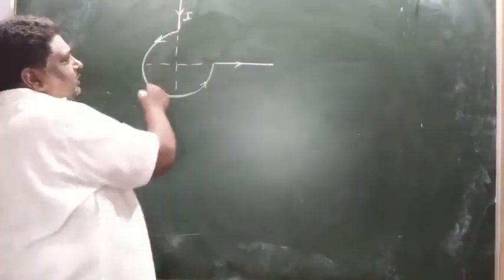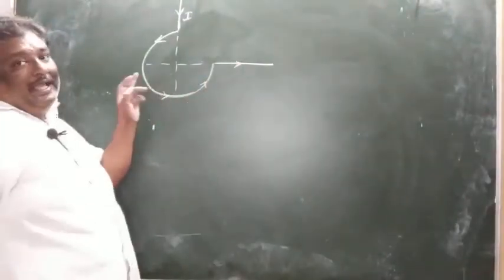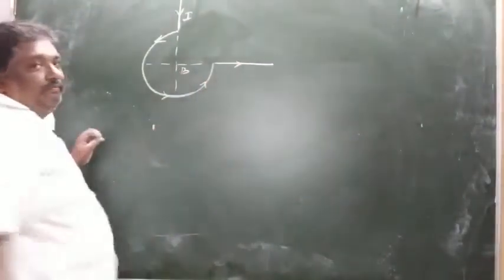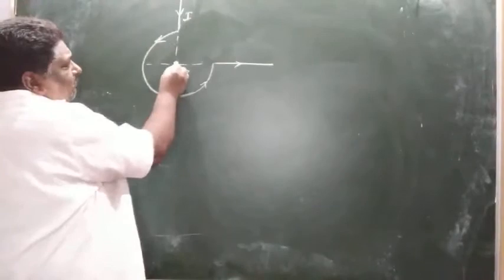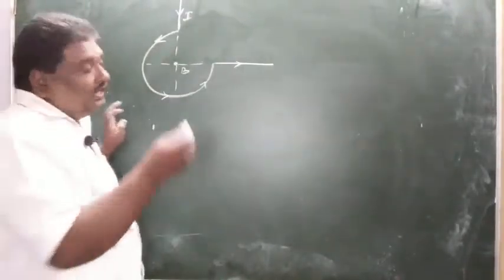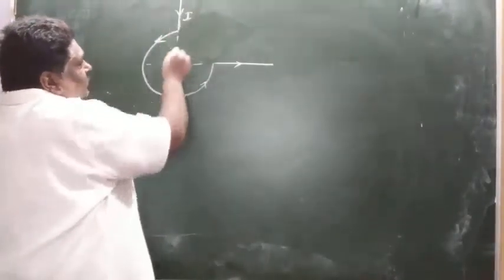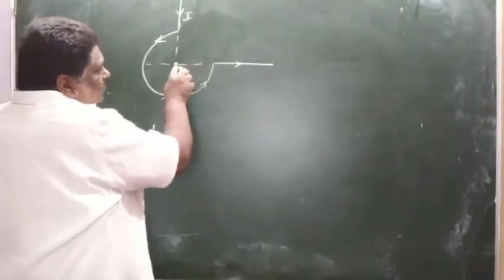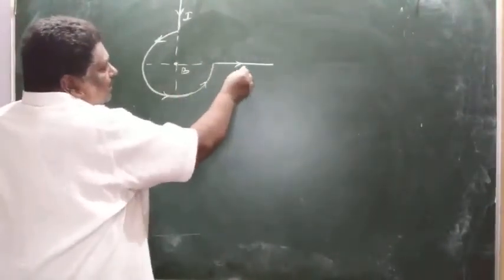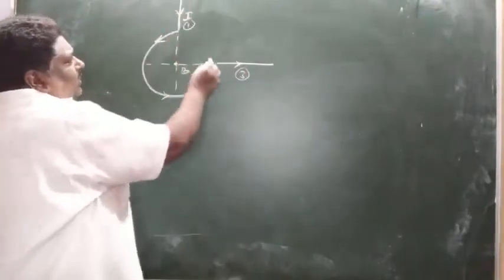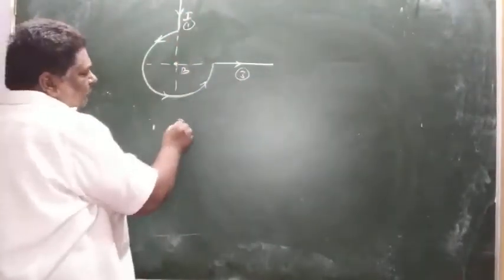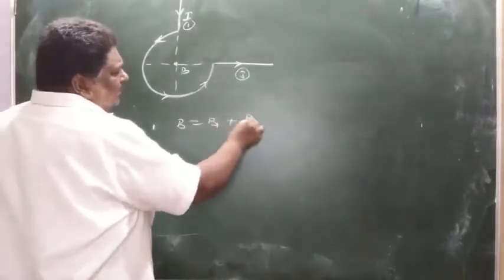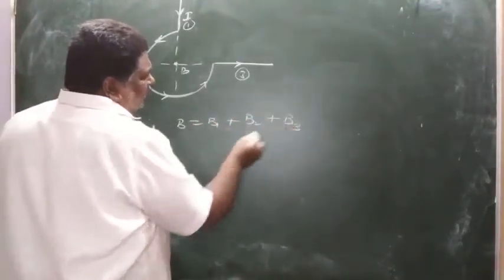Current I is passing through this shape. Here the point where we want to find the magnetic field is on the axis of the straight wire, and it is also on the axis of the other straight wire. So the first and third conductors contribute zero magnetic field at the center. So B is equal to B1 plus B2 plus B3.